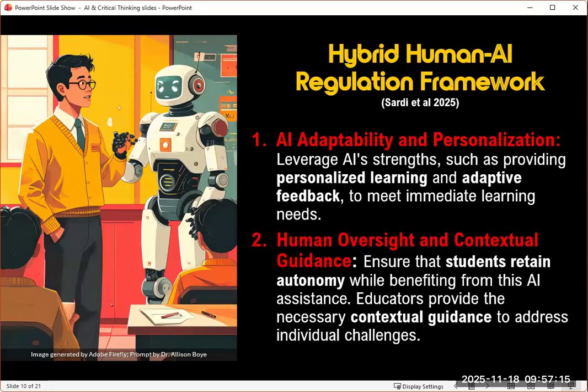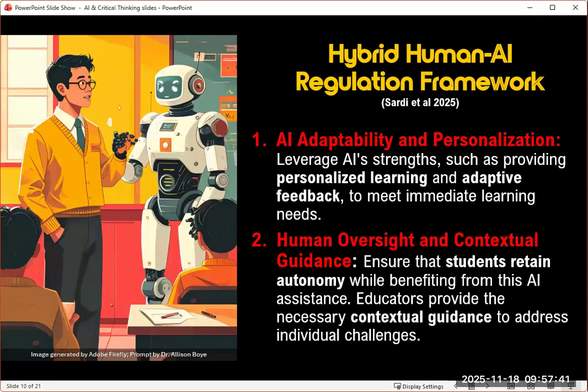So one framework that is intended to structure this integration of Gen AI into educational practices is called the Hybrid Human AI Regulation Framework, which is kind of a mouthful, I know. And it aims to balance AI's adaptability with human oversight and explicitly encourage self-regulation.